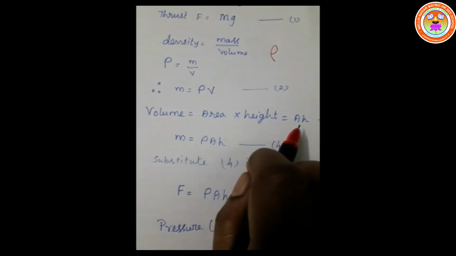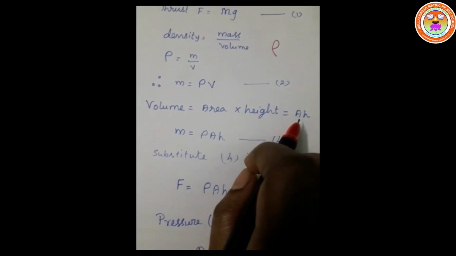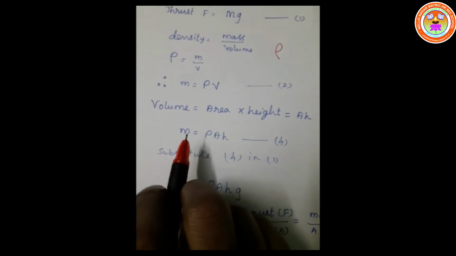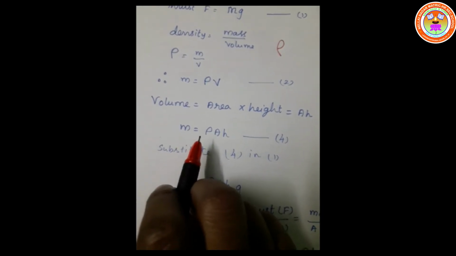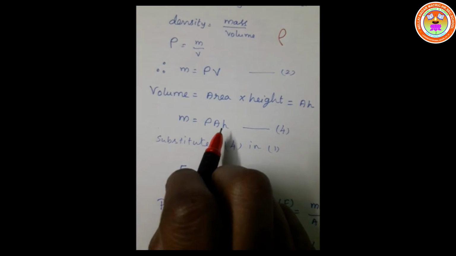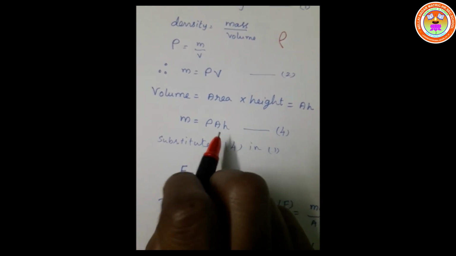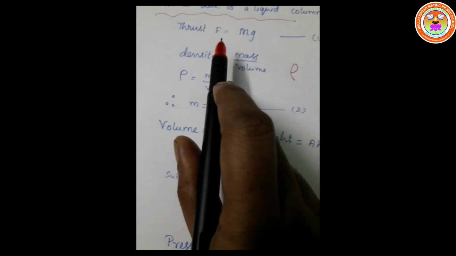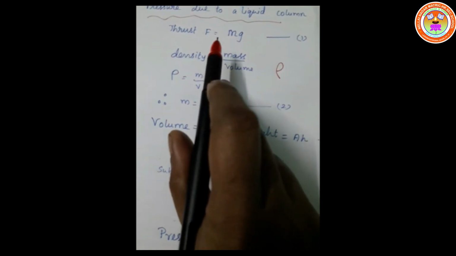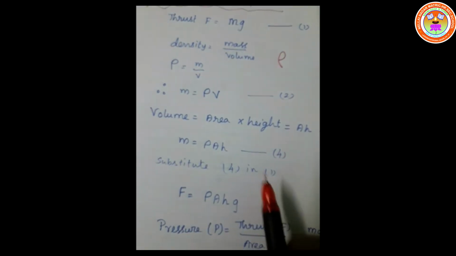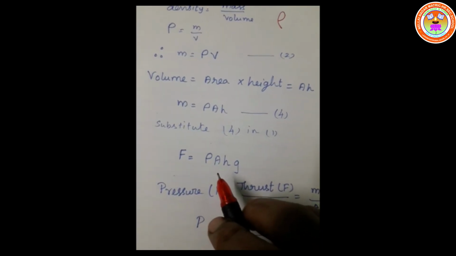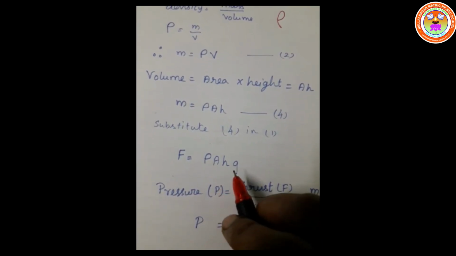The symbol for area is capital A, and the height is small letter h. So m is finally rho A h. Substitute this mass value in the first equation, F is equal to mg. When we substitute this m value, we get F is equal to rho A h g.